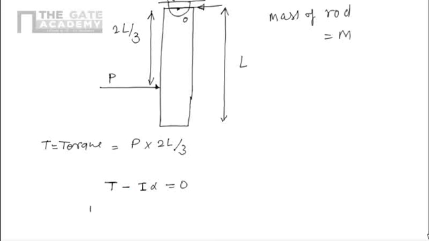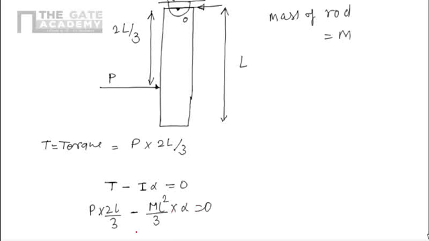We know T is P into 2L/3. Now we need I, the moment of inertia of this rod about an axis passing through O, which is mL²/3. So P into 2L/3 equals mL²/3 into alpha.